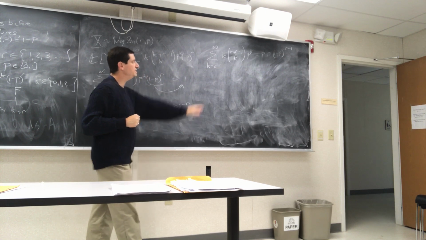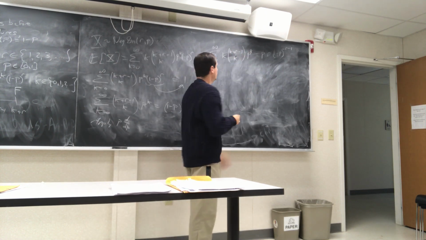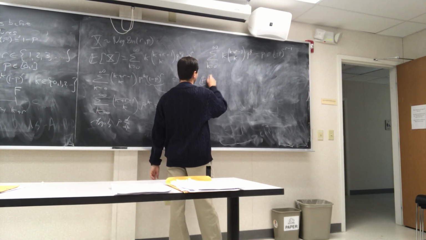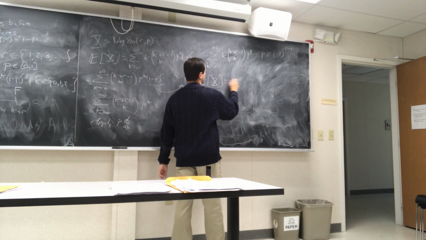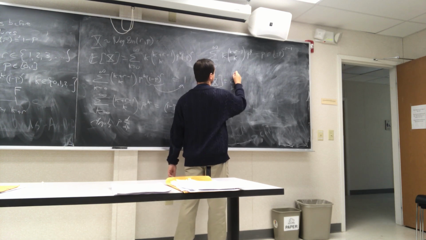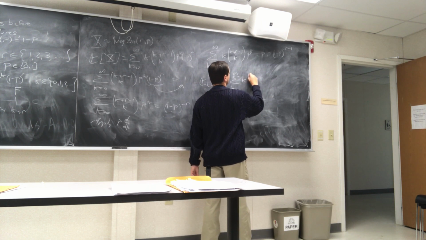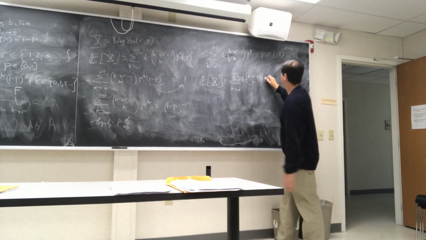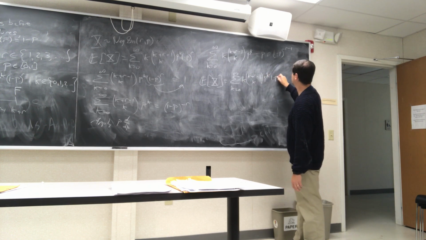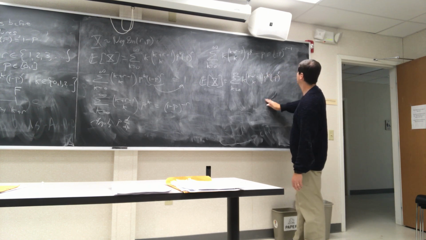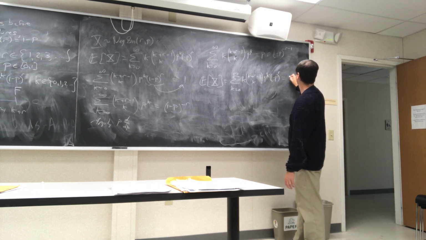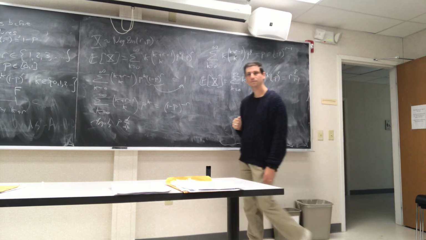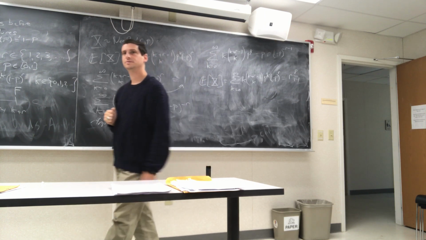Because that's what we need to have our probability distribution here. So then the expected value of x is the sum, k goes from 0 to infinity, of (k plus r minus 1 choose k) p to the k, (1 minus p) to the r, and this will just equal r times p over 1 minus p. So that will be your expected value.